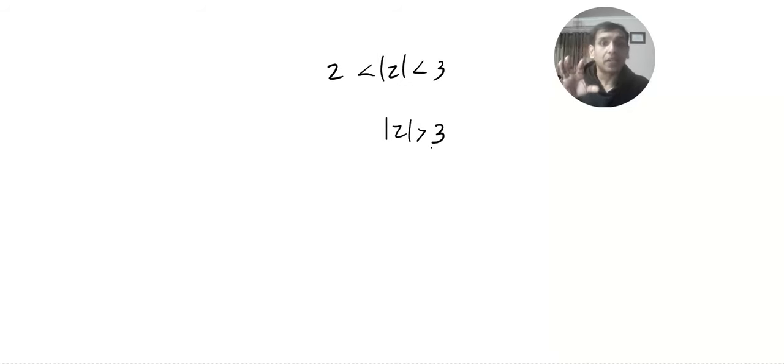So in Laurent series, they will always mention something like 2 less than mod z less than 3, or maybe mod z is greater than 3. They will give you an annular region, a finite region or an infinite region, but an annular region will be specified.